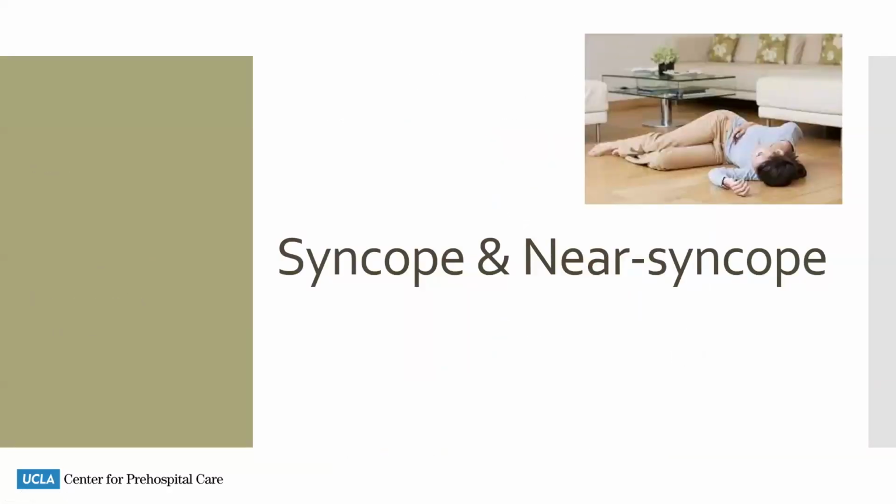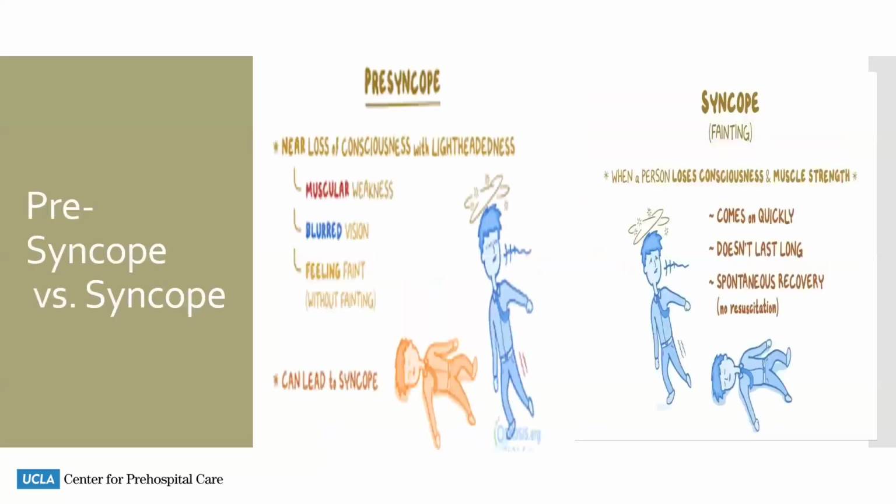So what about syncope and near syncope? What is that? Pre-syncope or near syncope, and this is quite blurry, and I apologize for that. They almost lose consciousness, feel really lightheaded, and they may even have trouble seeing.